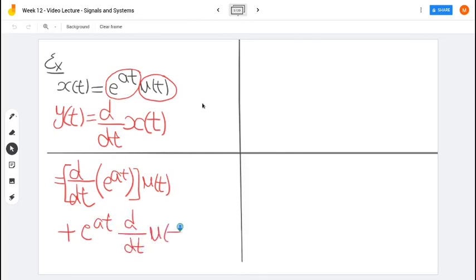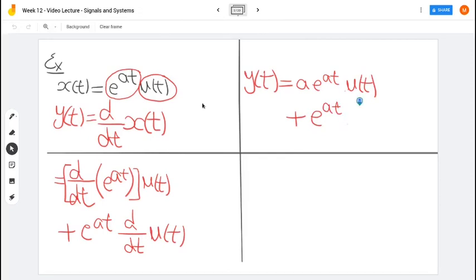So moving on, y of t will be given as, so the derivative of e to the power at is a, e to the power at, and then we multiply by u of t, plus the first function e to the power at multiplied by the derivative of u of t, which is an impulse delta of t.